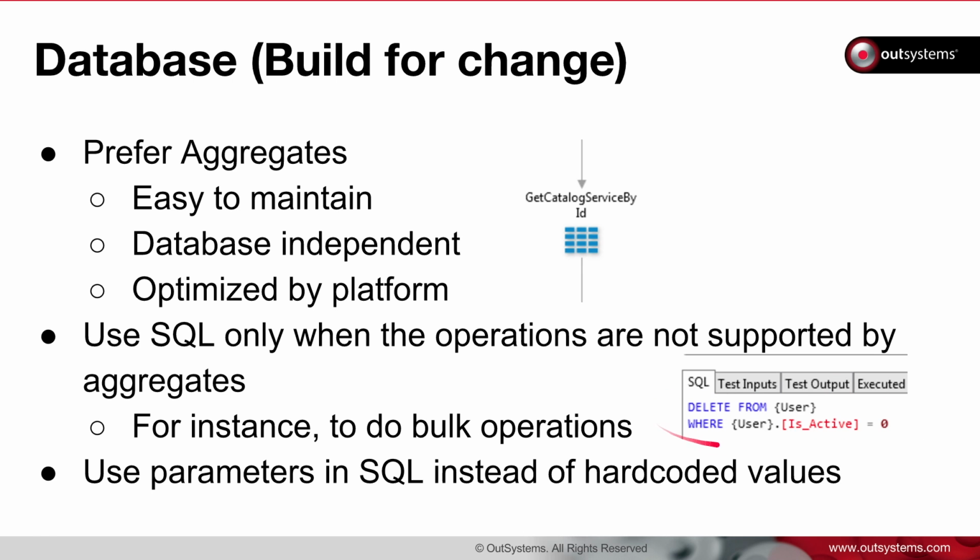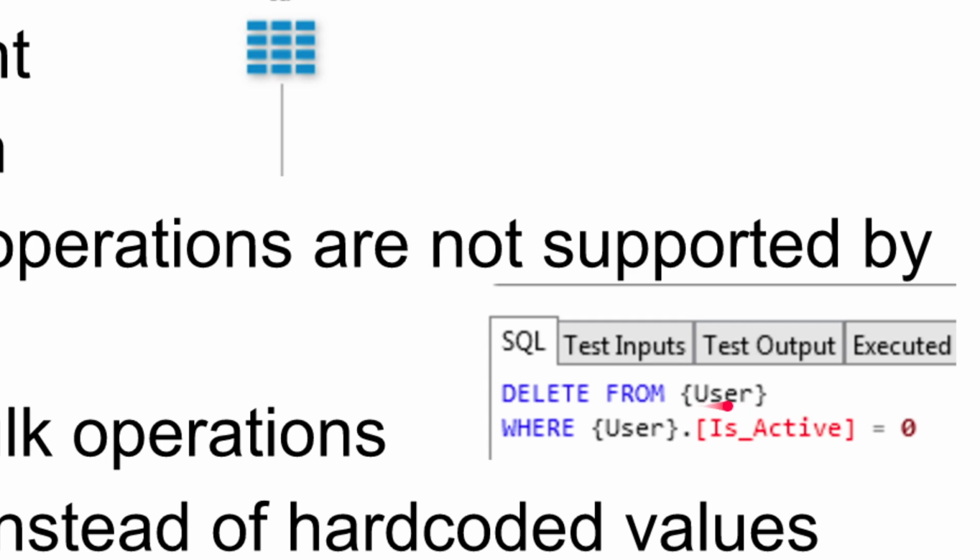Now you can see here a bulk operation. I'm deleting from the user entity a user where I'm identifying it by a means other than its ID. Because it's not an ID, there is the potential for multiple rows to be selected. Now this is one single SQL command which is sent to the database, and the database will delete all rows.